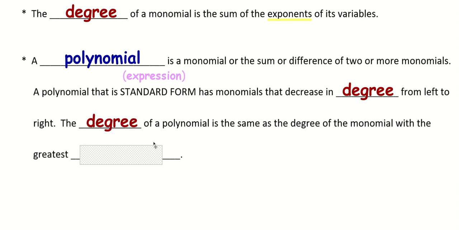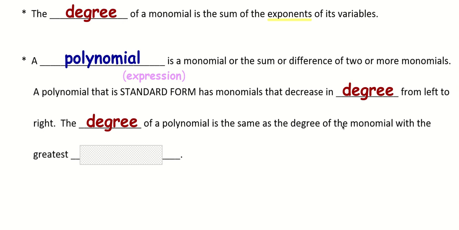Now, this is where it gets maybe a tad confusing. You could talk about the degree of just a separate monomial. You could also say the degree of an entire polynomial. Basically, for the degree of the entire polynomial, you just go with the leading monomial's degree.